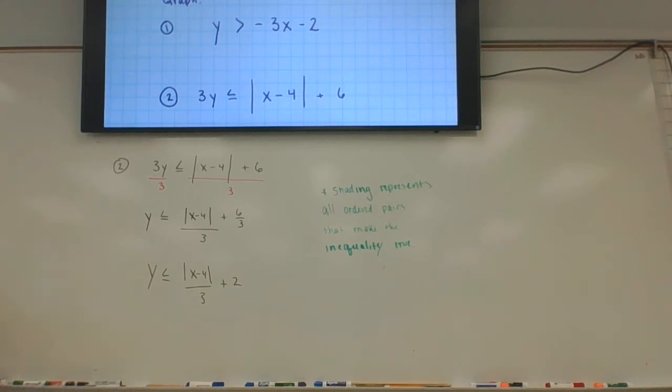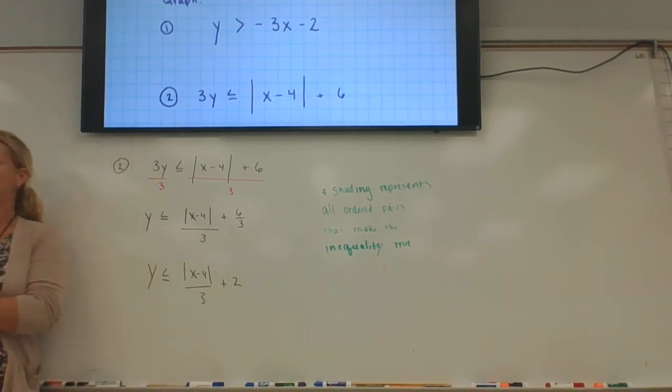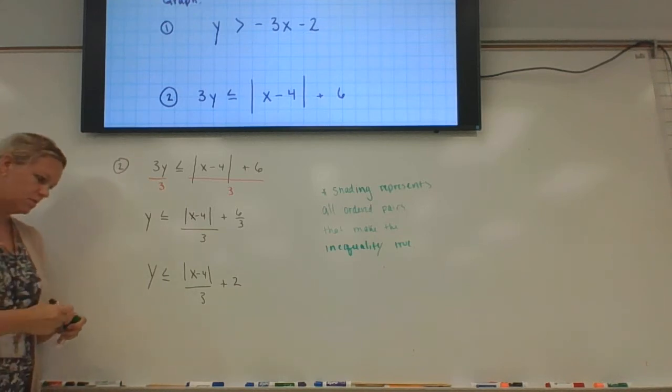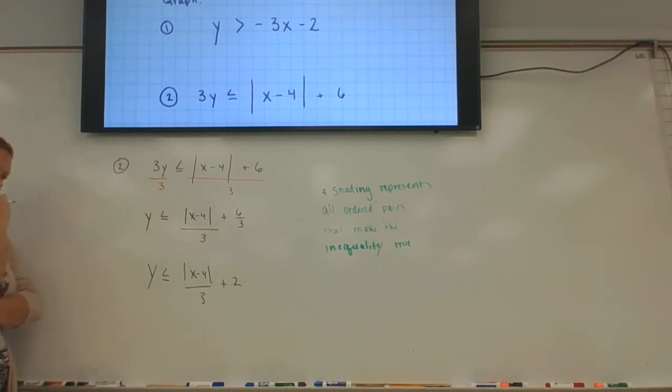So how can we write this differently? Because I didn't tell you what to do if this whole thing was over 3. We use an integer with 1/3, so 1/3 bracket x minus 4.